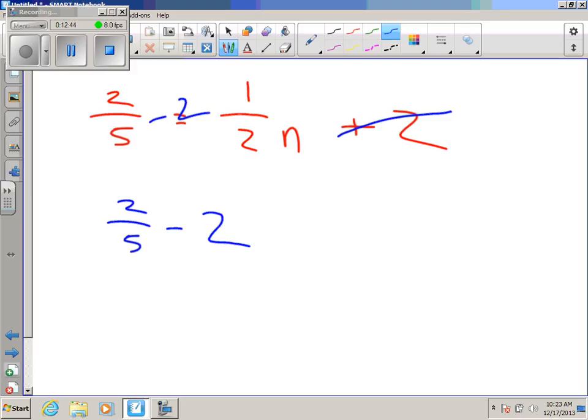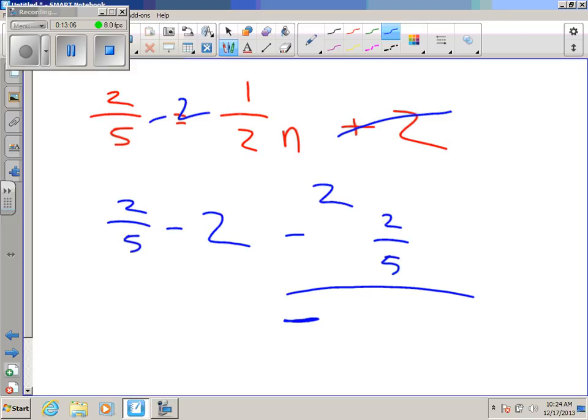All right, now think through it. Try to think logically through it real quick. You can set it up and say, okay, 2 minus 2/5 to find the difference, as long as you understand that your answer will be negative.